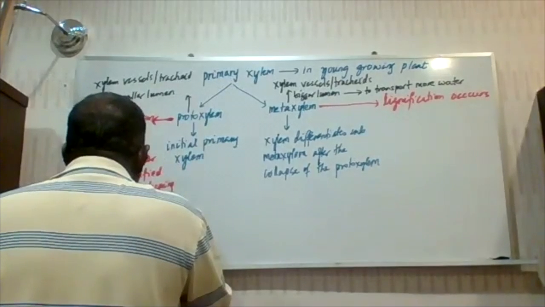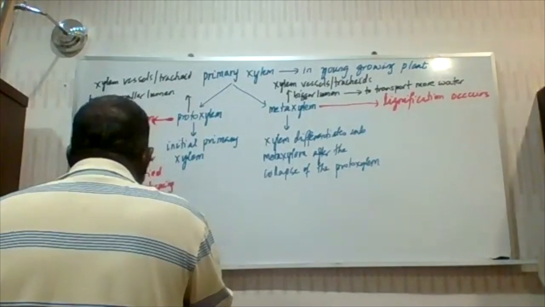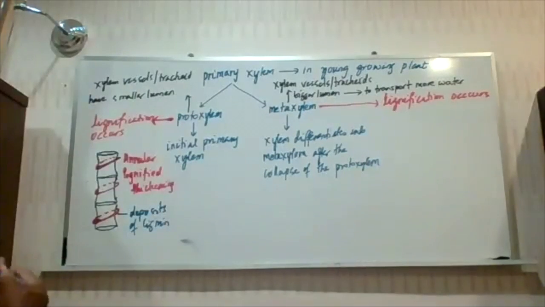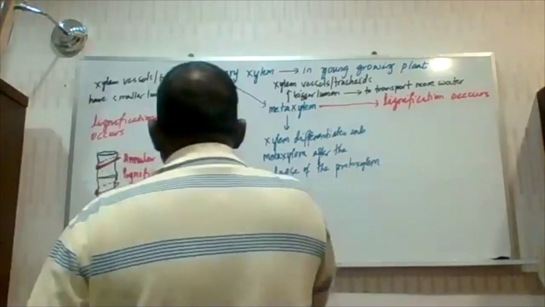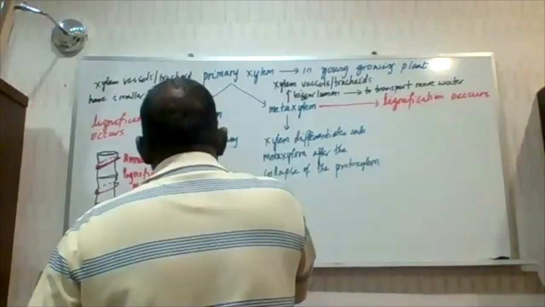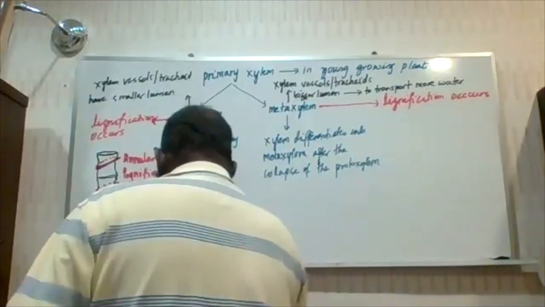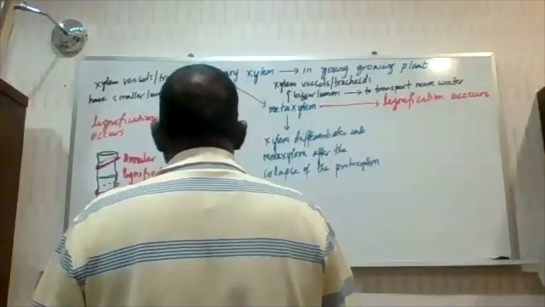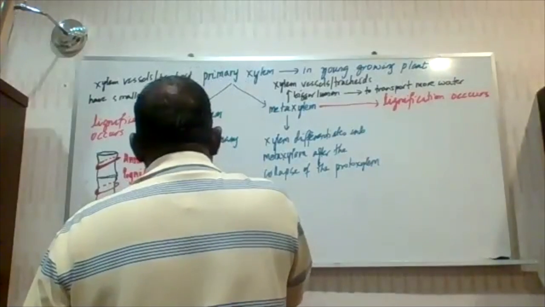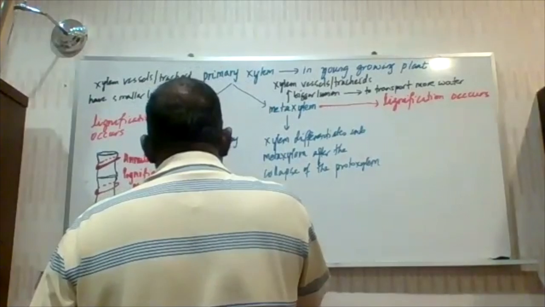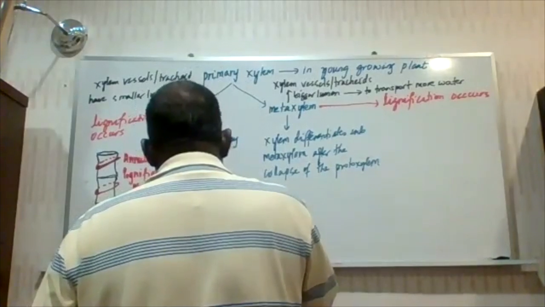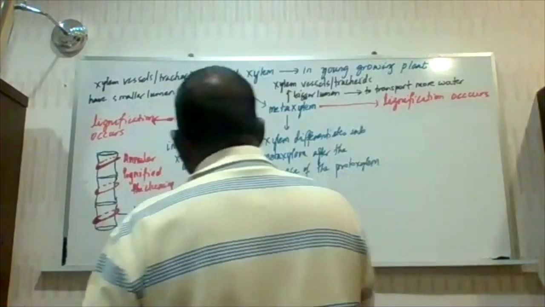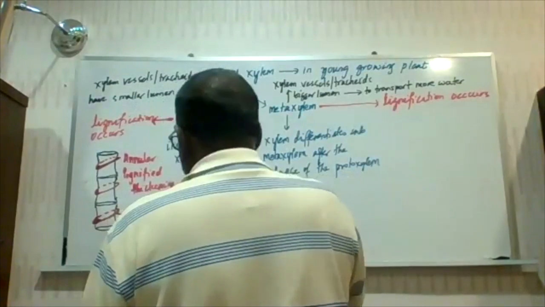So the lignin is not deposited throughout. Next, you have a spiral form of thickening.